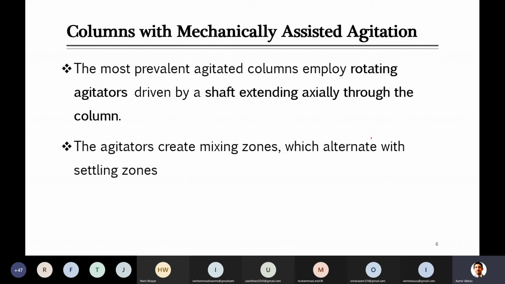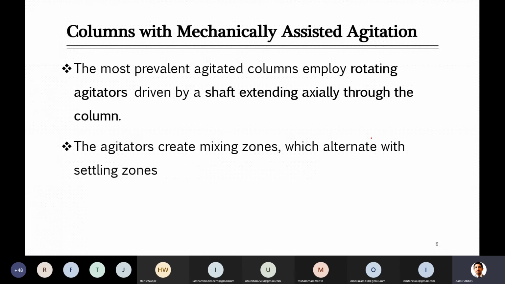Inside that you can put 5 to 10 of these rotating elements throughout the column, and later we will talk about what their diameter should be, or in which area they will be. There are some guidelines. So they will help you to mix.